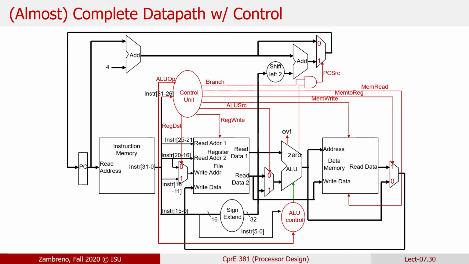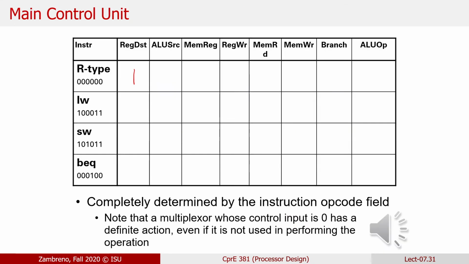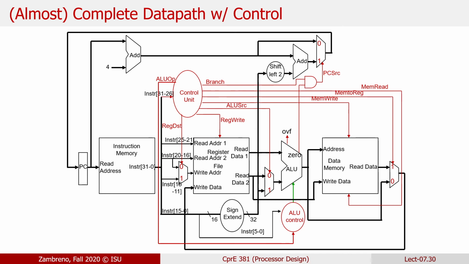At least for the lecture slides version here, ALU source of 0, and that's what that 0 label here corresponds to, means we are connecting the output of the register file to the ALU.